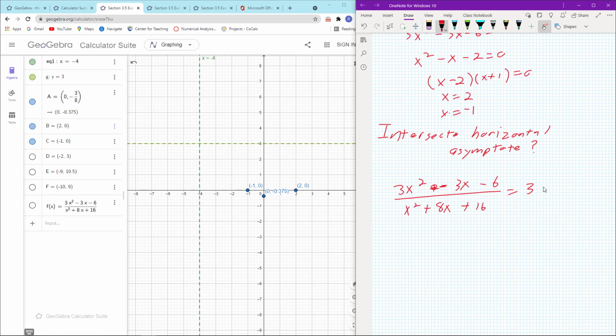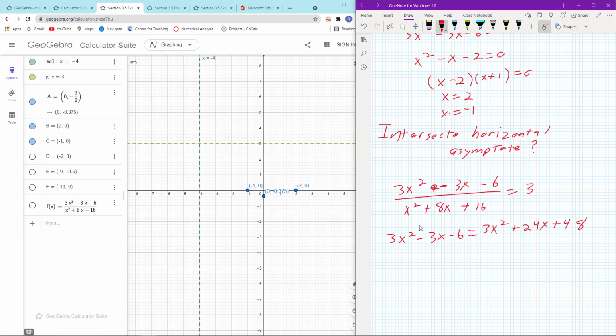We need to solve this equation for x. We can do that by getting rid of the fraction, and that will give us 3x squared minus 3x minus 6 is equal to 3 times x squared, which will be 3x squared, 3 times 8x, which will be 24x, plus 3 times 16, which is plus 48.